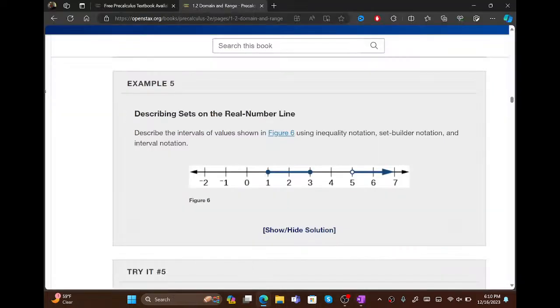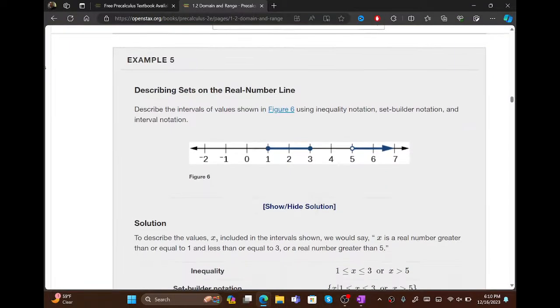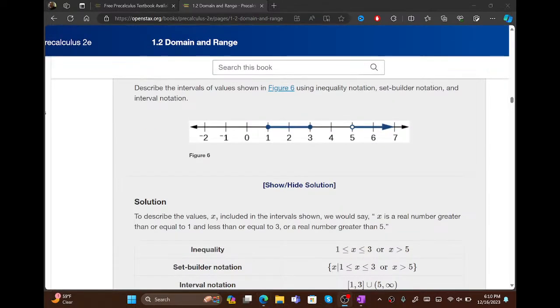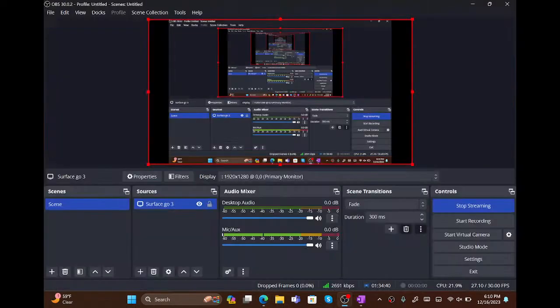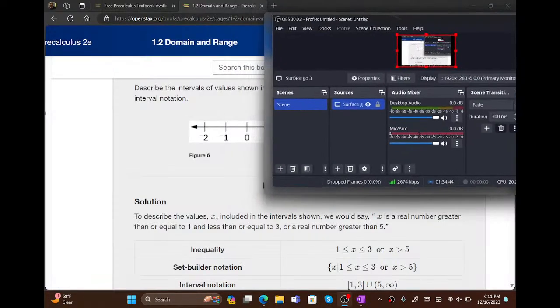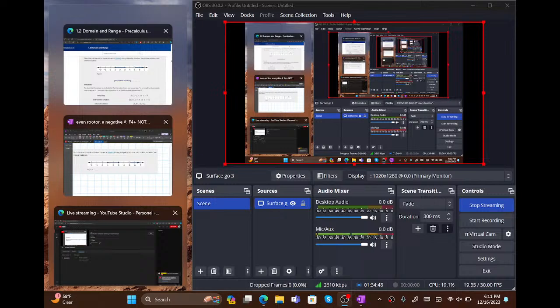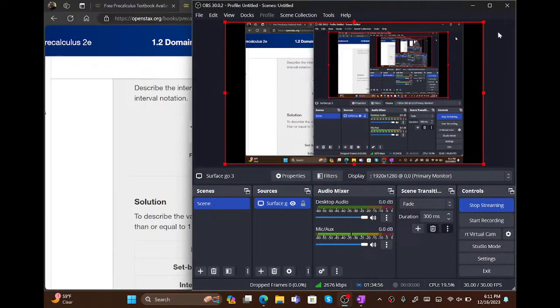Actually, let me just look at the solution, because I'm not 100% sure. Okay, I got it. I didn't know if that was the way they were doing this. I'm sorry, guys. I minimized this by accident. It's supposed to be over here.